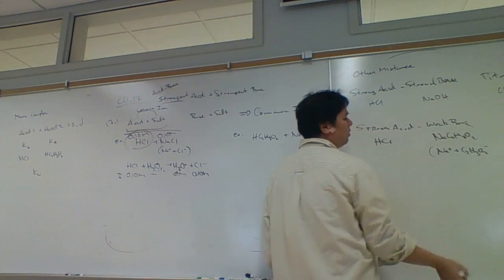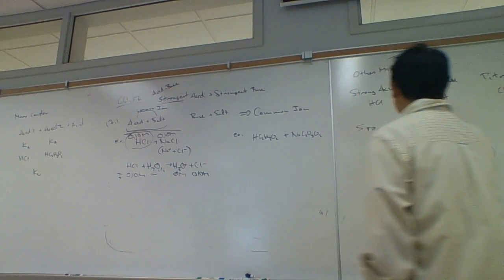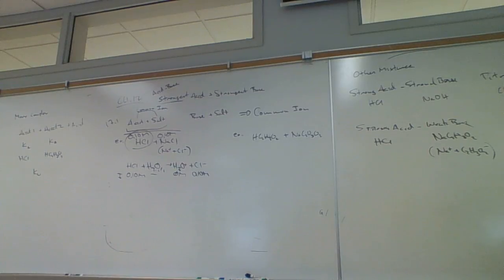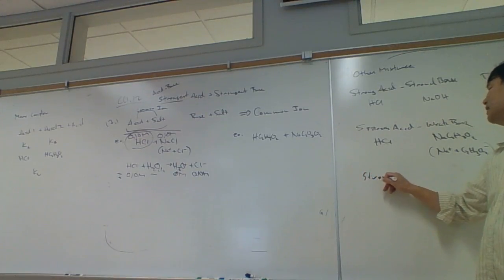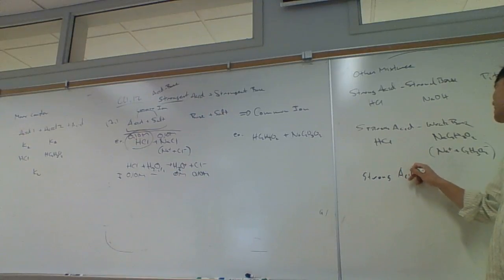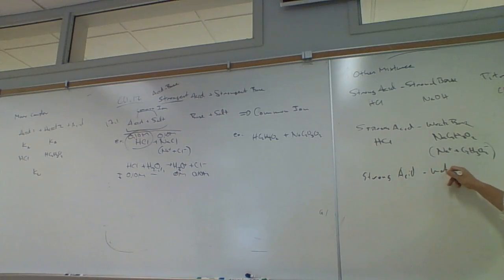Acetate ions are a weak base, and so if we have HCl and acetate, that would be the reaction here. And so the other mixtures would be like this, or we could have a strong acid and water. Strong acid and water, well, that's chapter 16. Actually, this is Chem 1A or 1B too.